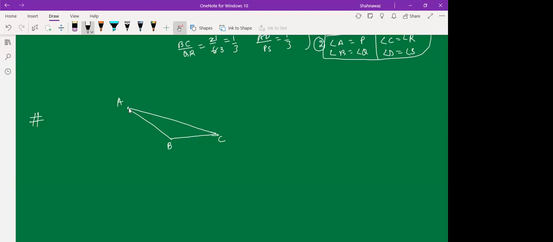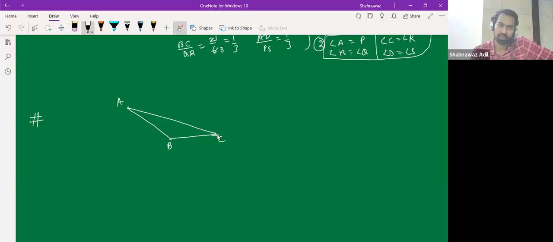This is A, B, and C. I have this AC base, and I can have AB base and BC base.